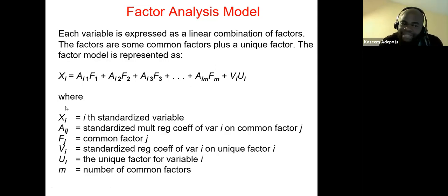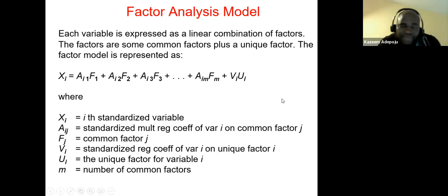Where xi is the i-th standardized variable, and aij is the standardized multiple regression coefficient of variable i on common factor j. And fj will be common factor j. When I say fj, it could be f1 or f2 or something like that.